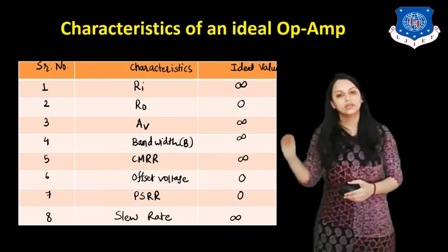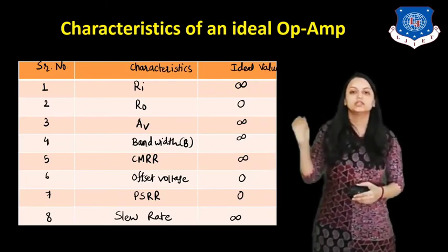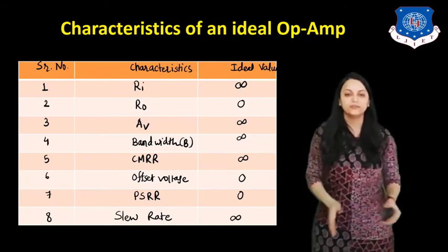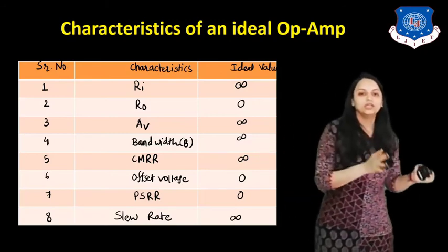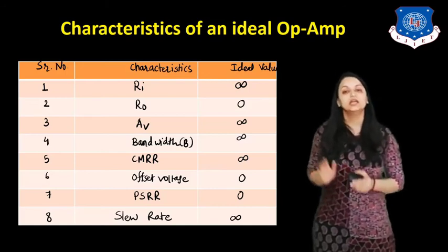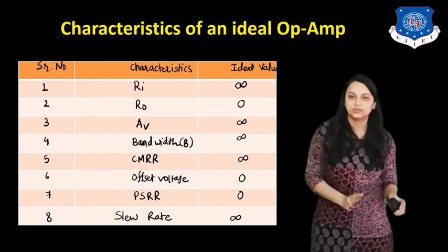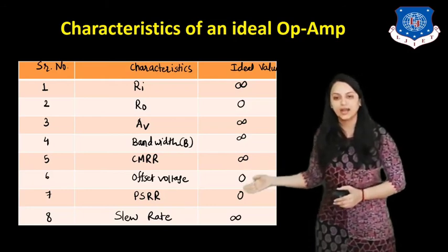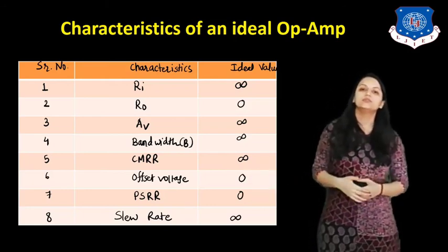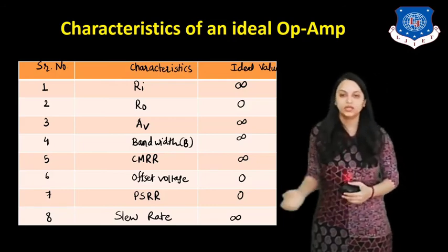That means irrespective of whatever the input is given, the output is according to the input only. In short, if input is zero, output must be zero. Right? So this is the ideal value of offset voltage, but practically it is not so. So practically it should be as low as possible.